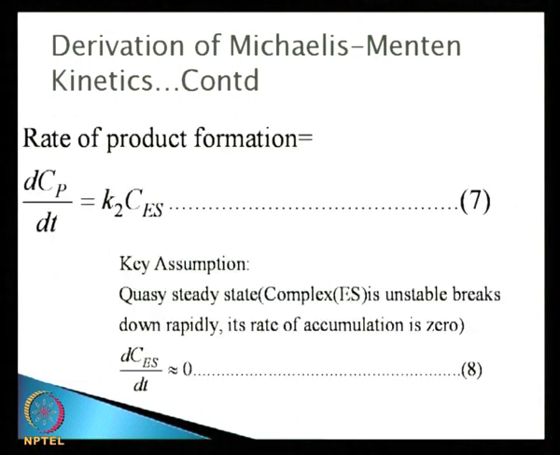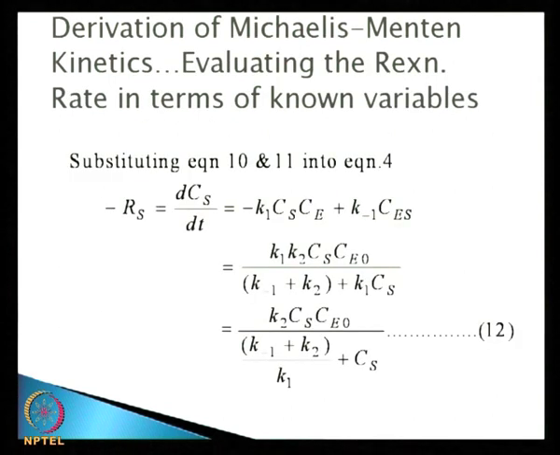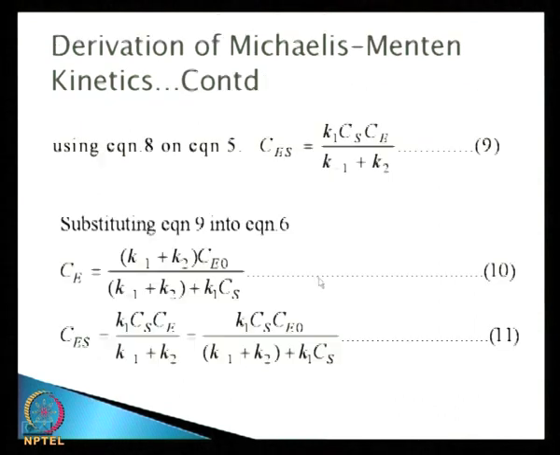Okay. So essentially what I am trying to say in this slide is that RS is dCs dt, which equals minus dCp dt, fine. I want you to go through this calculation quickly. You can do it this way, or there is another easy way: ddt of Cp equals K2 times CES, right?